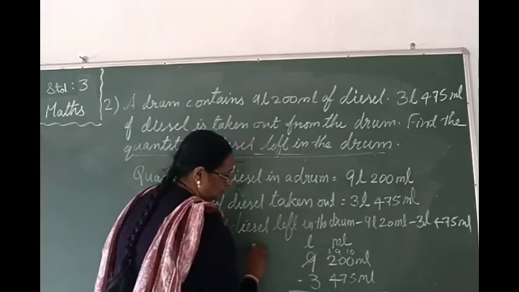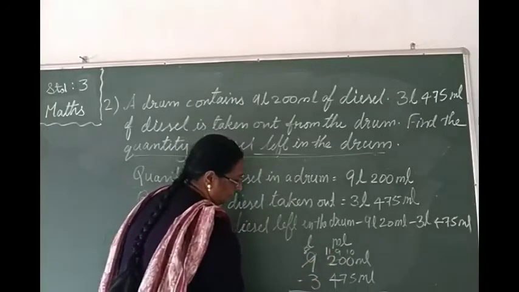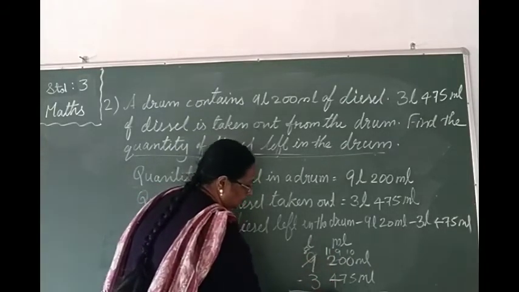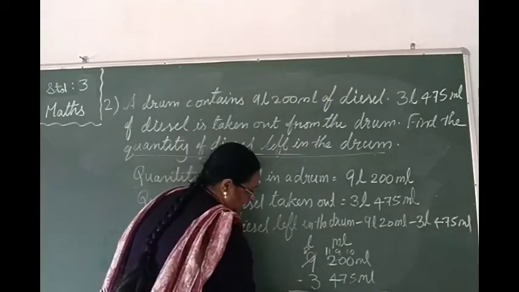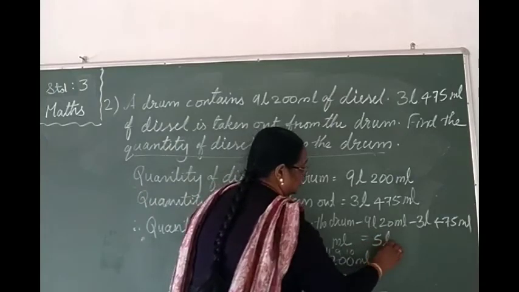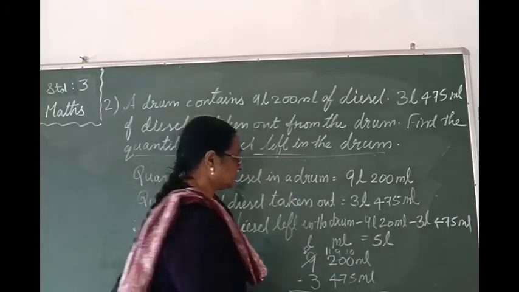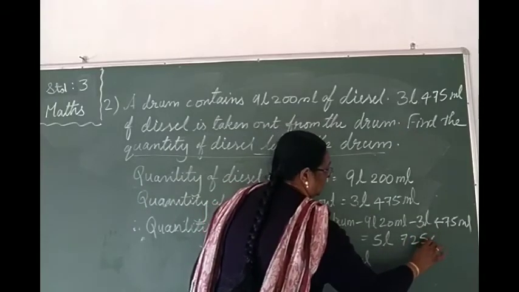Again we have to borrow. It is going to be 11. 11 minus 4, 7. 8 minus 3, 5. How much is the balance, children? 5 liters 725 milliliters.